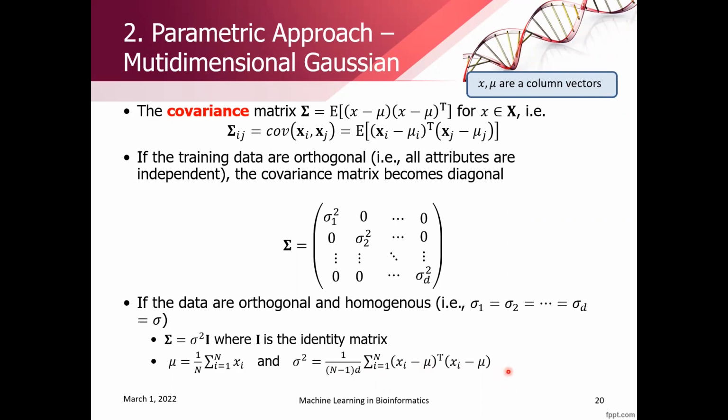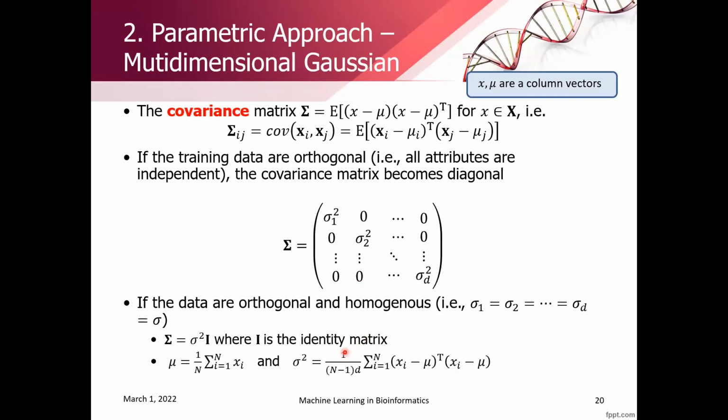But we know that all the columns, representing different dimensions, are orthogonal, are independent. Then we can compute the sample variance for each column.